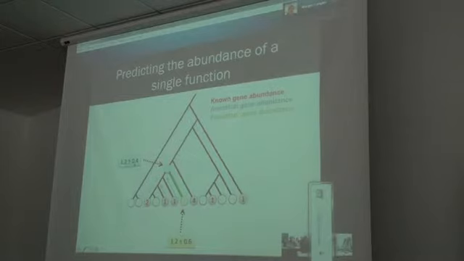And you get a plus or minus around that as well. Then PICRUSt takes this information and propagates it down to the tip of the tree, and we get an estimate of what the copy number is in this genome. So that's for a single organism and for a single gene.